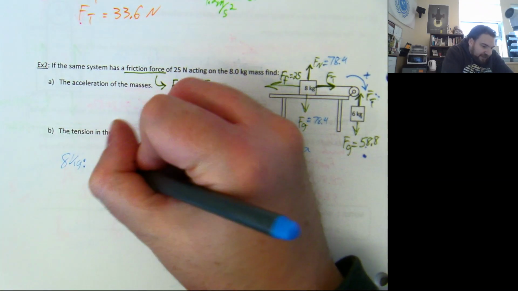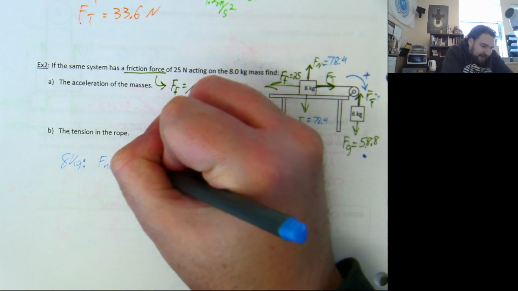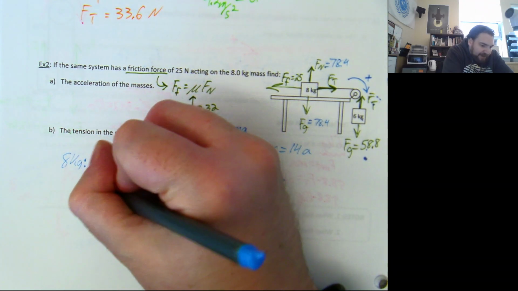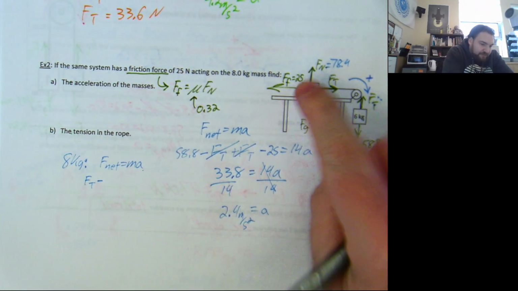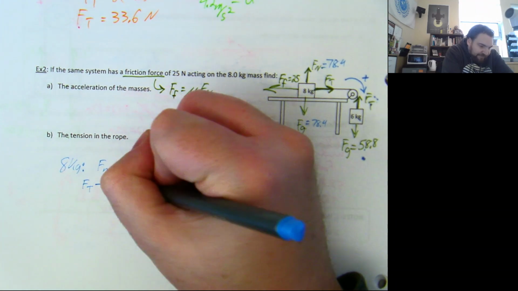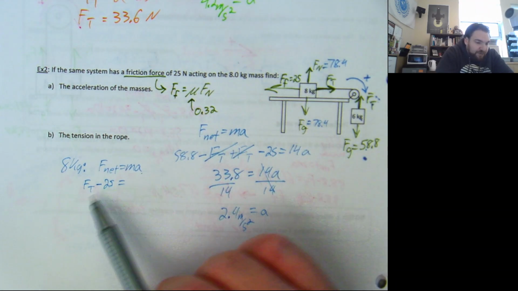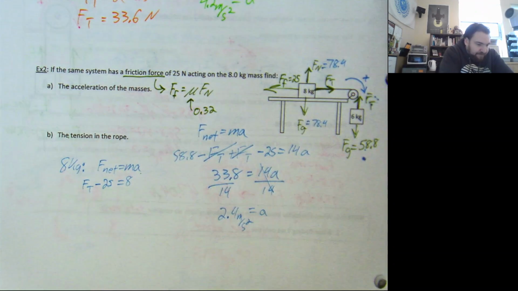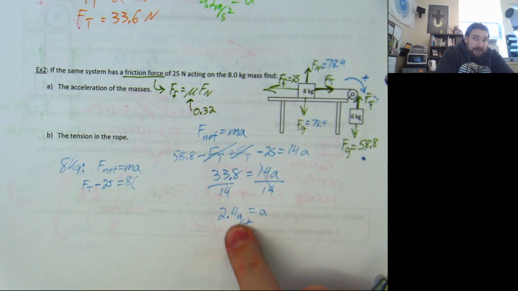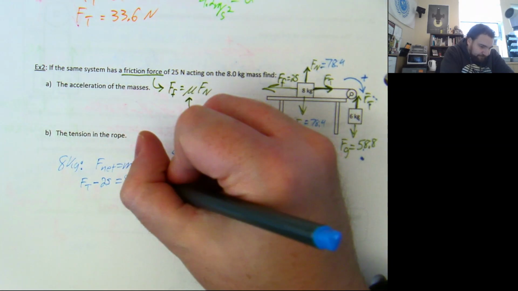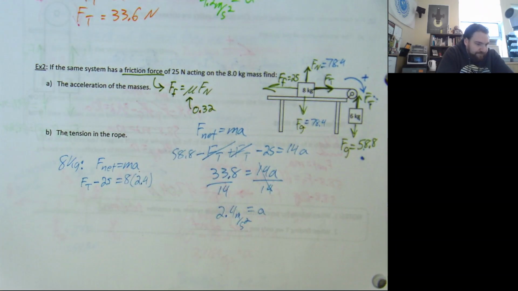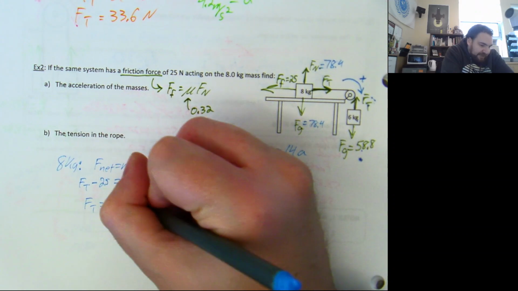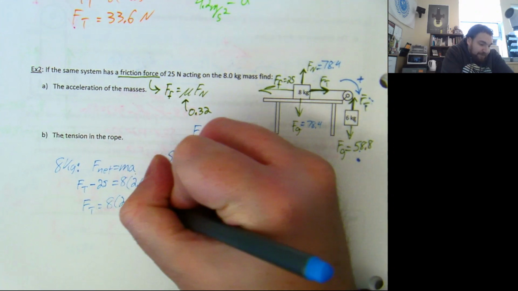For our FNet equation, FNet equals MA, you always need to start there. We're going to have FT positive minus 25 is equal to, we're isolating the 8 kilogram block, so the mass is 8. The acceleration of the system we found already is 2.4. So FT is going to equal 8 times 2.4, plus 25.